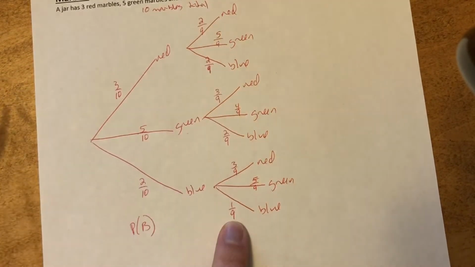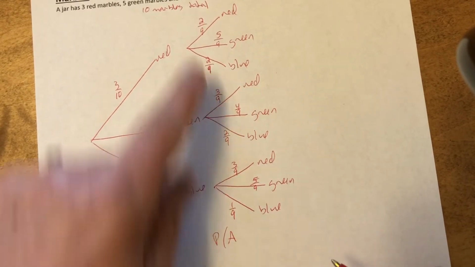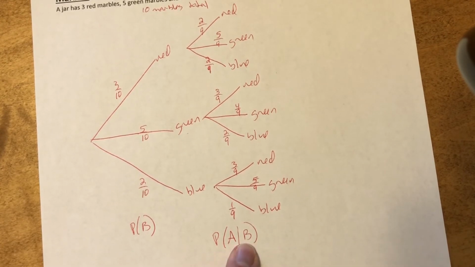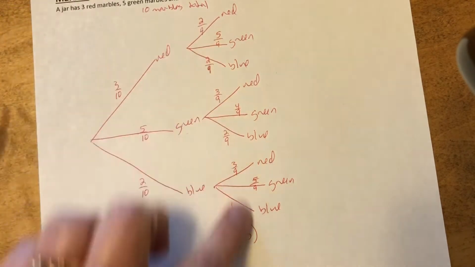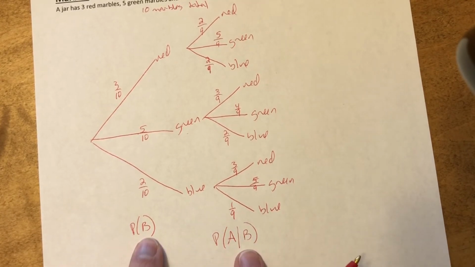Now this probability is the probability of the second marble given that the first marble has already been chosen, okay? So this is where this relationship comes from. The probability of that second event is impacted by the probability of the first event, okay?